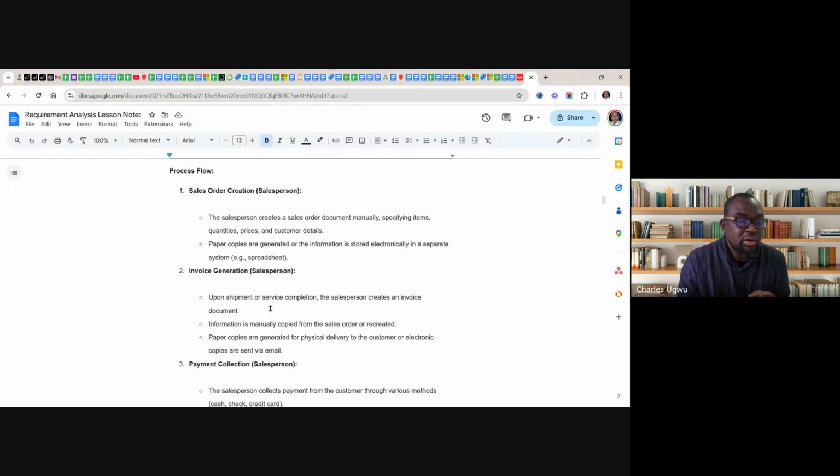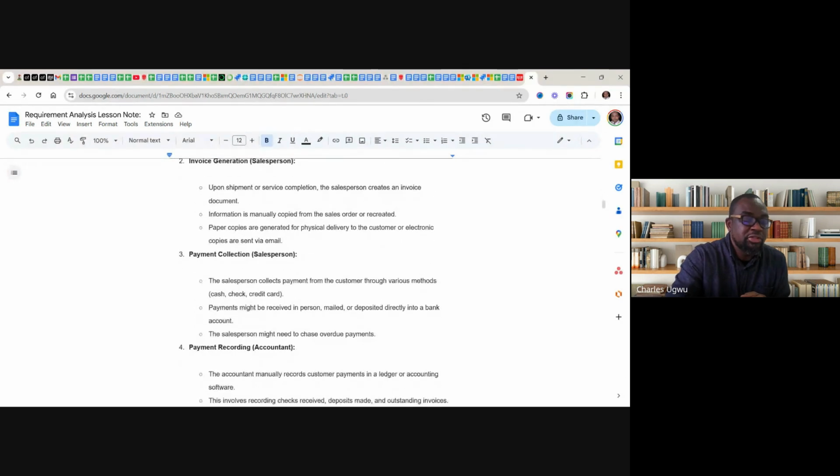Then invoice generation, salesperson still. Upon shipment or service completion, the salesperson creates an invoice document. The information is manually copied from the sales order or recreated. The paper copies are generated for physical delivery to the customer, or electronic copies are sent via email.